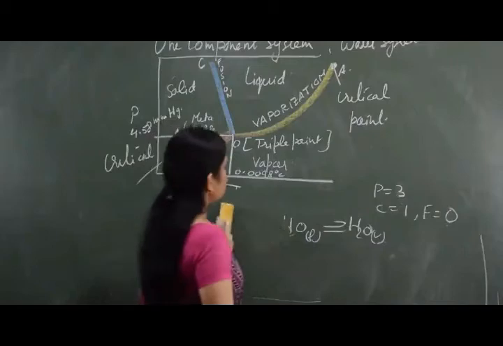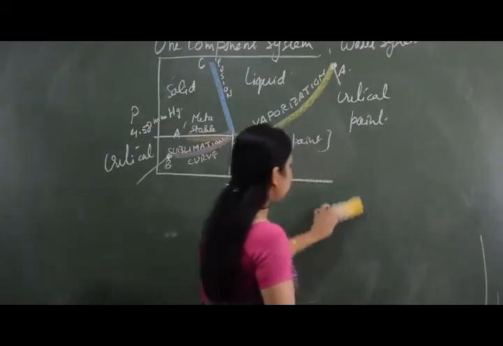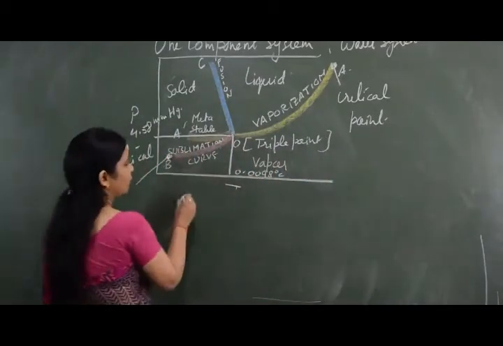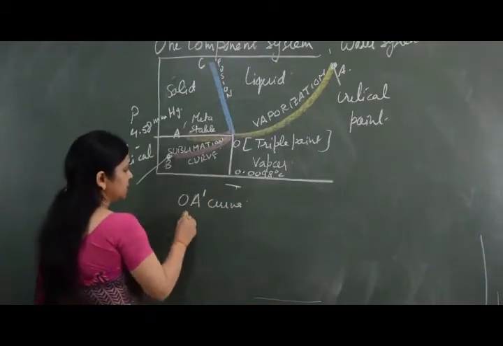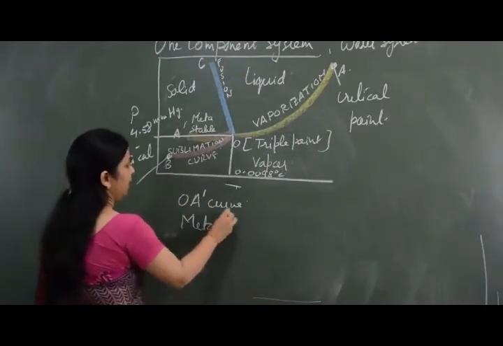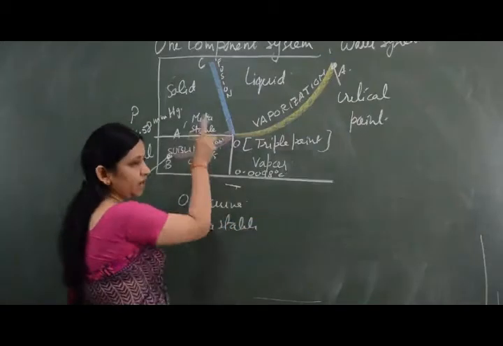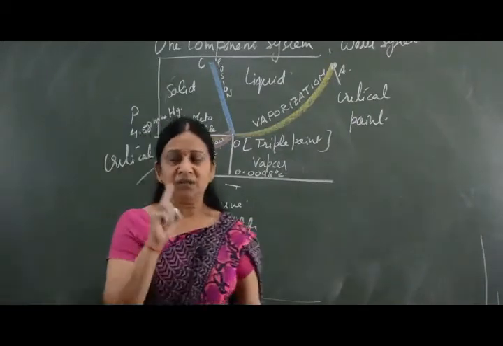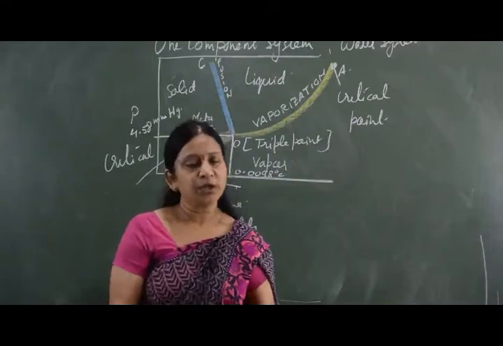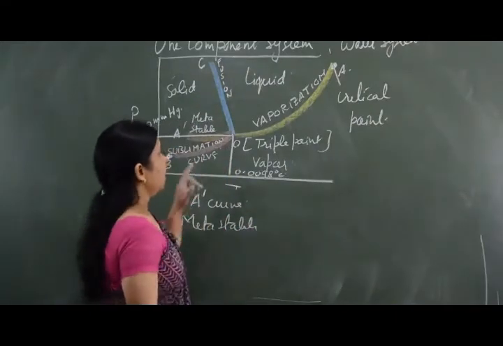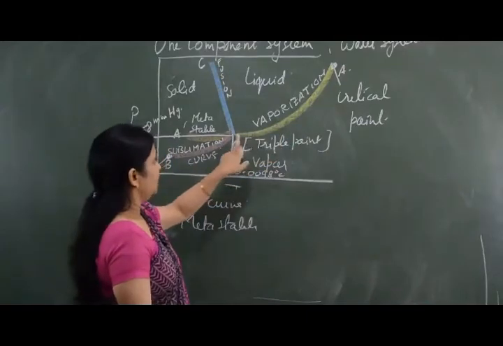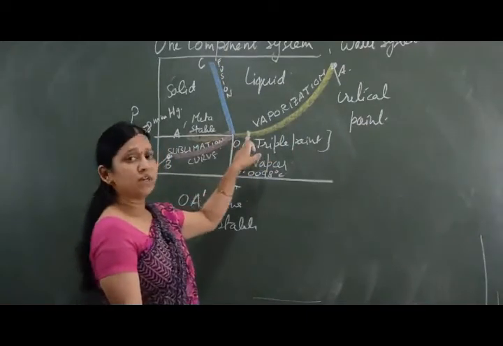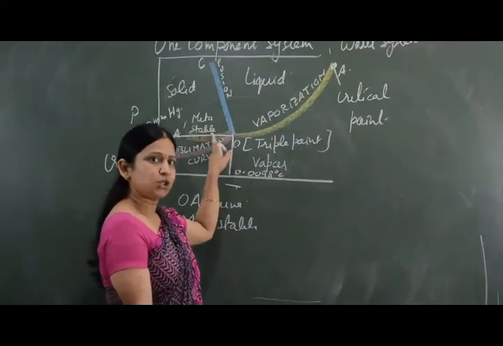Now, we come to the last one, which is the metastable state or the curve OA dash. Metastable means that all the three curves are very stable, but this curve is not stable. So, it is known as metastable. This is the vaporization curve, and this metastable curve is an extension of the vaporization curve.